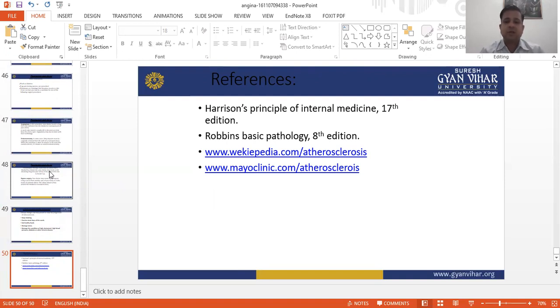Then we discussed atherosclerosis, the pathophysiology of atherosclerosis, what are the various risk factors, what are the causing factors of atherosclerosis. Then we discussed a small amount of information on the treatment.